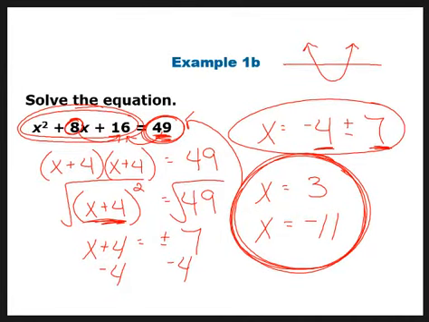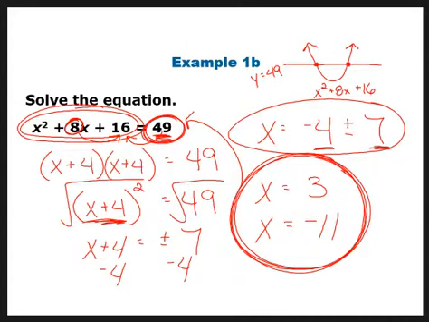All right, so if it's not set equal to 0, we're not looking at where it's crossing the x-axis. In this case, it's set equal to 49. So this would be the line y equals 49, and this would be my parabola, which would be x squared plus 8x plus 16. In this case, these dots right here are still -3 and -11, but we're not crossing the x-axis.